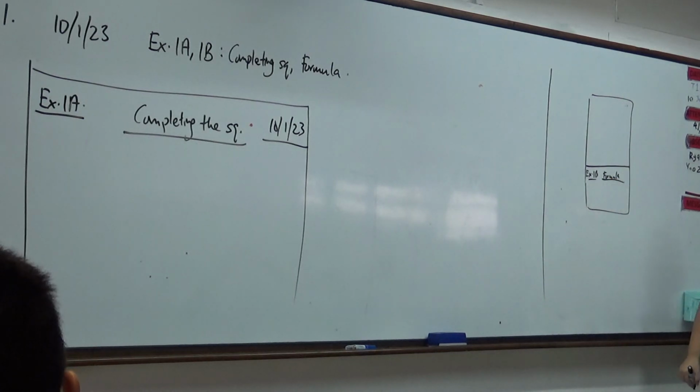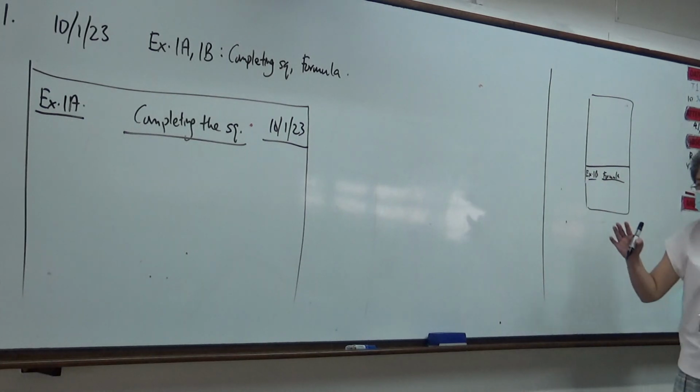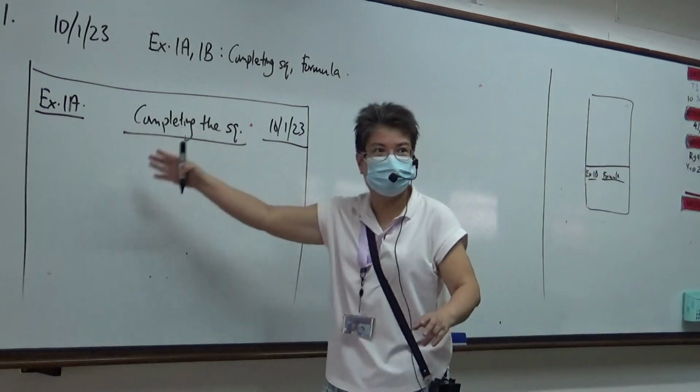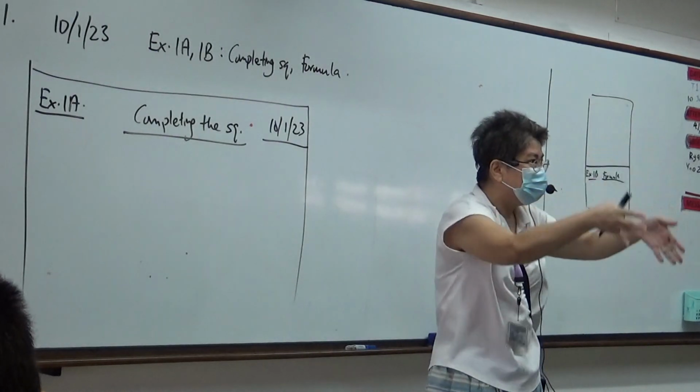Formula. Understand? So that I know that's exercise 1B. You follow what I'm talking about here? And do not divide your paper into 4 or 10 columns. It should be 1. Understand?